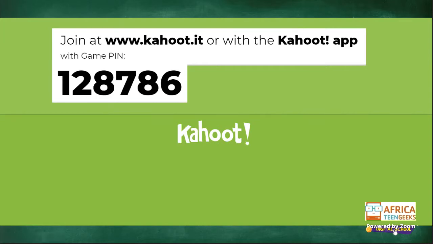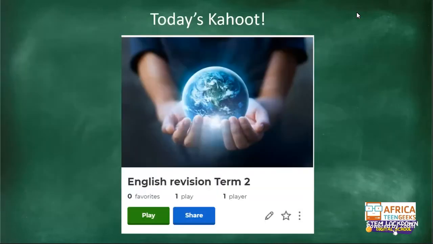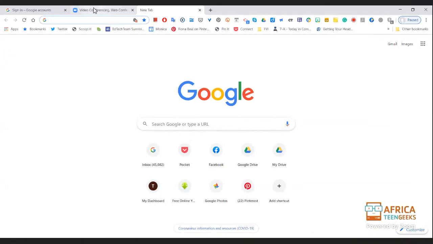Let's just see. Now, which one is it? This one, I think. Right. Is that it? No, that's not it. Okay. Let me see. Oh dear, what's happened to my Kahoot now? I have got it there. Let's go here and see.